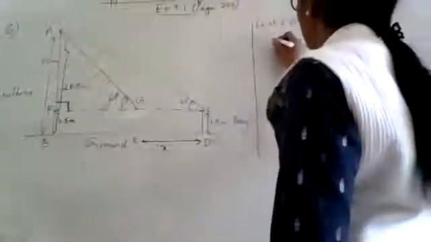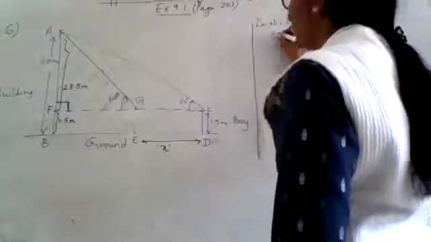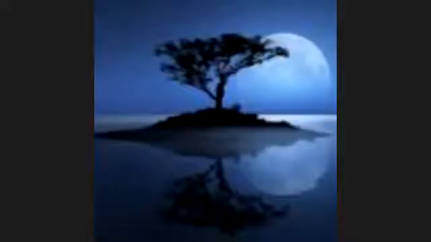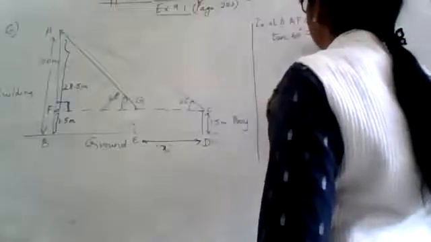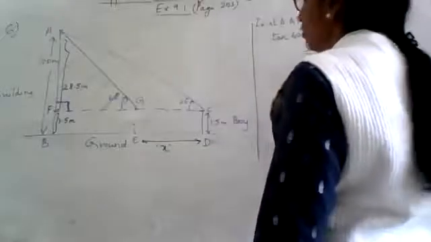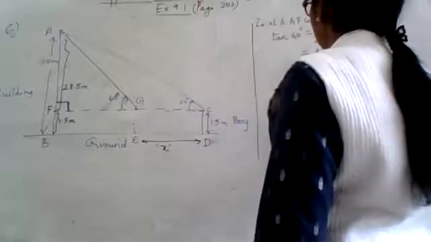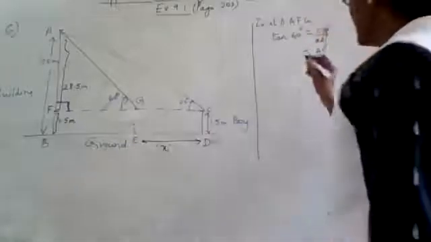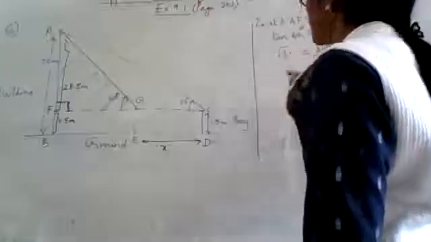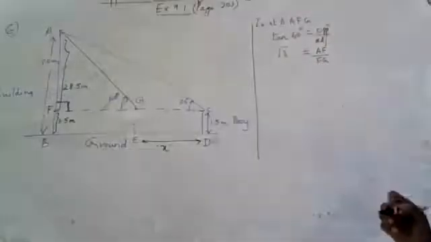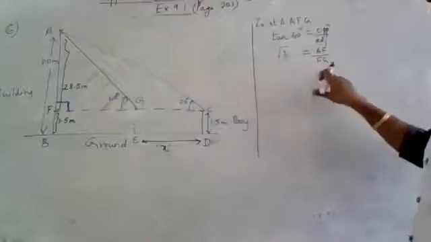So which ratio do I want? I will take tan 60 equal to opposite by adjacent, which is AF by FG. Now what is tan 60? The value is root 3. So I have substituted root 3 equals AF by FG.